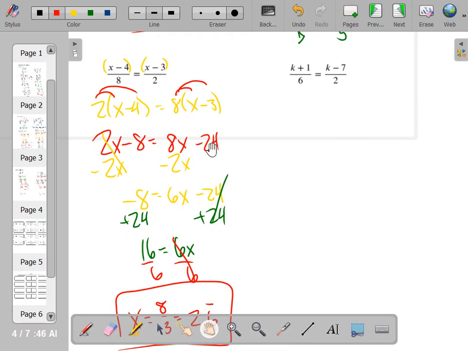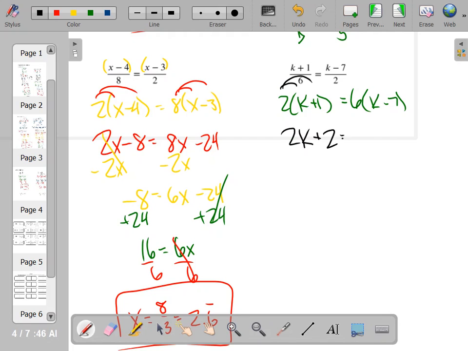One more to go. Very similar type of problem. I'm going to multiply 2 times k plus 1 and say that equals 6 times k minus 7. Now when I distribute, 2k plus 2 equals 6k minus 42.